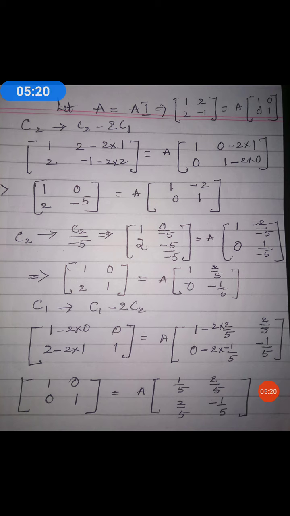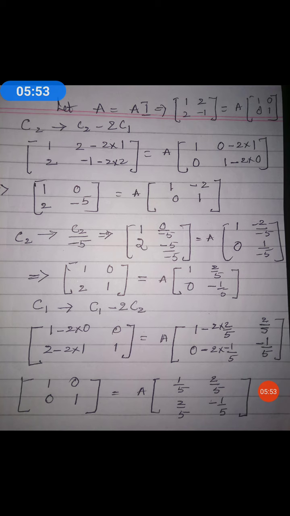So 1 minus 2 into 0, then 0. 2 minus 2 into 1, 1 on the left side, equal to A into 1 minus 2 into 2 by 5, 2 by 5, 0 minus 2 into minus 1 by 5, minus 1 by 5. Simplifying that, on the left hand side we get 1 0 0 1. Our target is fulfilled now.